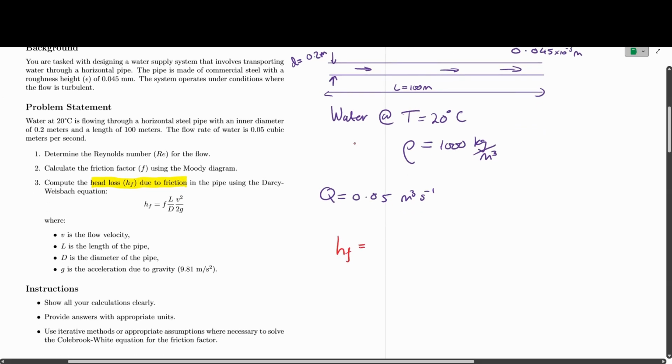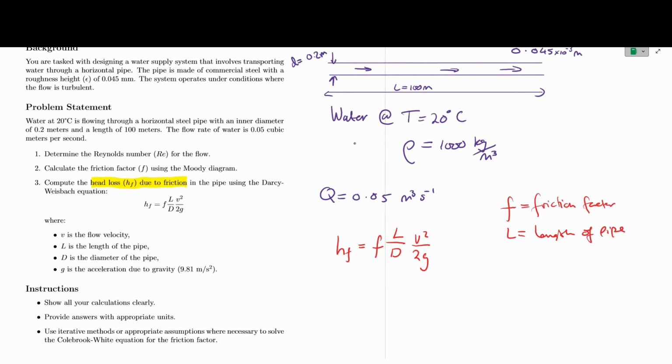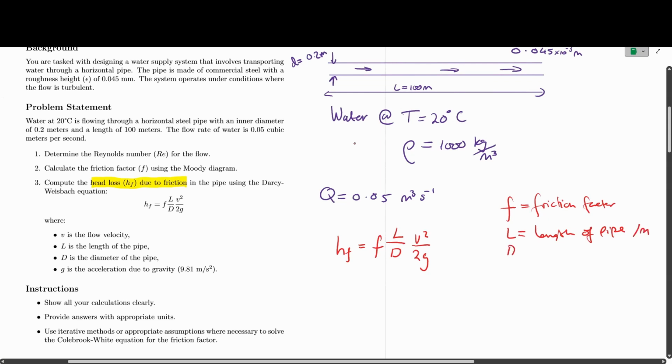This will probably be given, but it's also one that if you use it often enough, you'll end up learning. h_f = f L over D times V squared over 2g. So f is our friction factor, which we're going to talk about soon. L is the length of pipe. We tend to stick to everything in SI units, so that would be in meters. D is the diameter of pipe, again in meters.